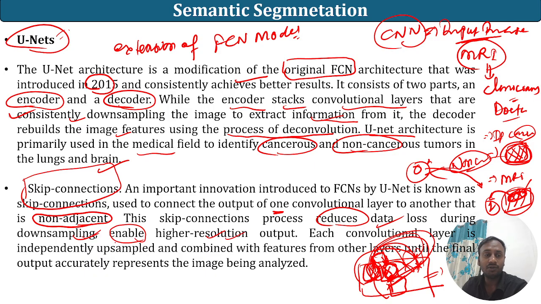Each convolution layer is going to independently upsample and combine the features from the other layers until the final output accurately represents the image being analyzed. It means each convolution layer upsamples independently. In the traditional method, we sometimes do everything together.